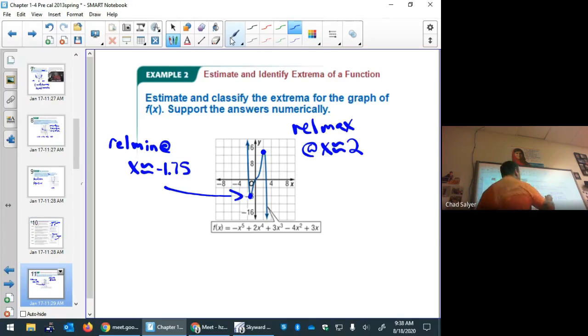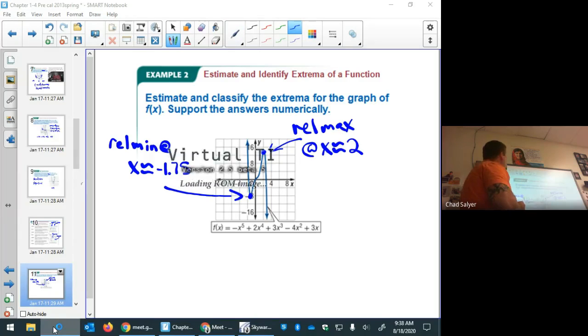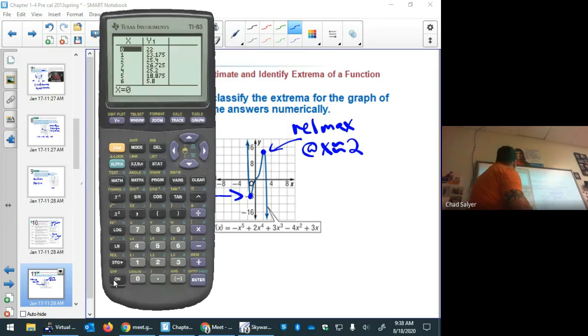And let's see how close I was by using the calculator. So if we punch this function into our calculator, it's going to take a second because that's a lot of terms. Negative x to the 5th plus 2x to the 4th plus 3x cubed minus 4x squared plus 3x.